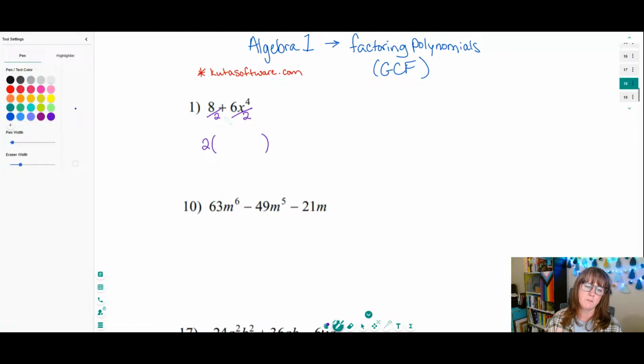So 8 divided by 2 gives us 4, and then plus 6 divided by 2 gives us 3, and that x to the 4th is just going to stay with that 3, because we can't divide any x's out of this since the 8 didn't have any x's. So whatever we pull out of the parentheses has to match for both terms. So that's it. That is factored as much as possible.